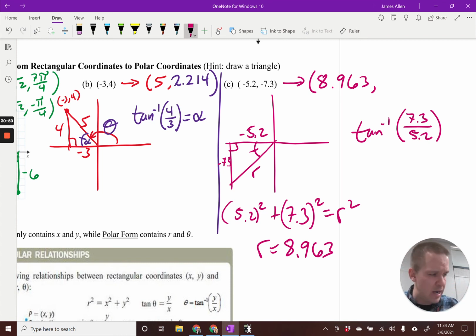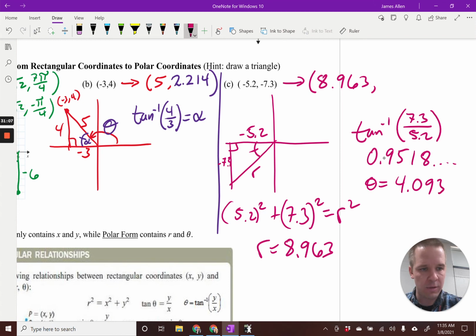And when we do that, we had 0.9518, so on and so forth. And if I add pi to that, I'm going to get theta is equal to 4.093-ish. So there's my angle, 4.093 for theta.